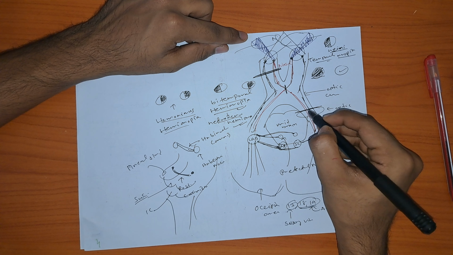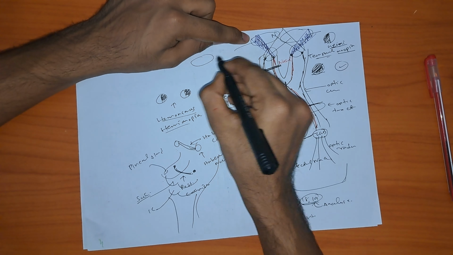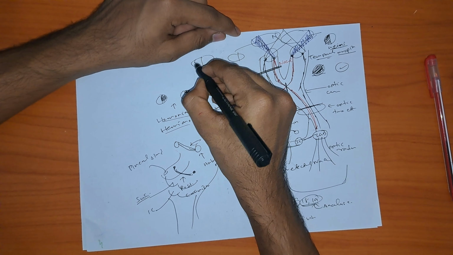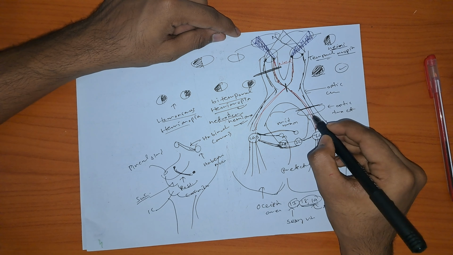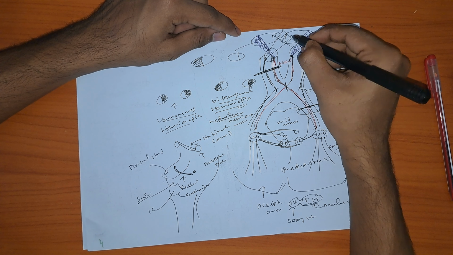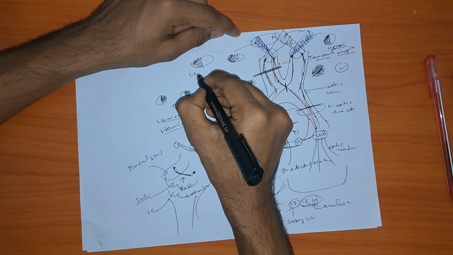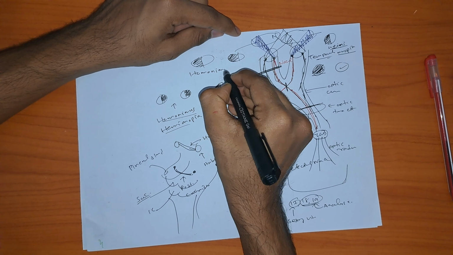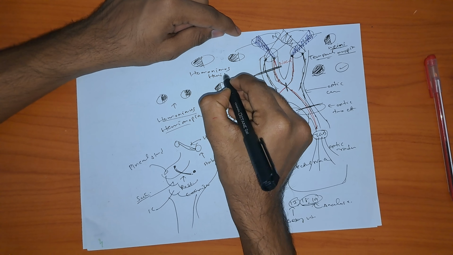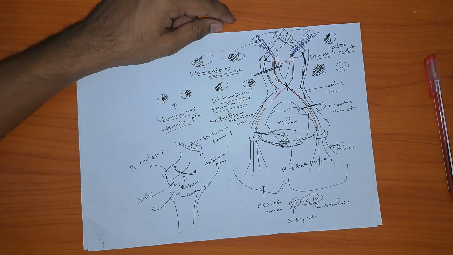So what will happen? This side will be compromised, and from this side, this view will be compromised. Here is a case of homonymous hemianopia.